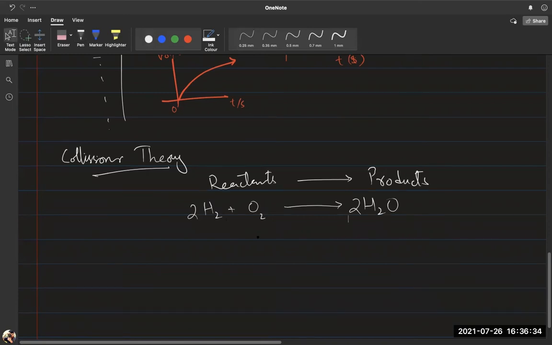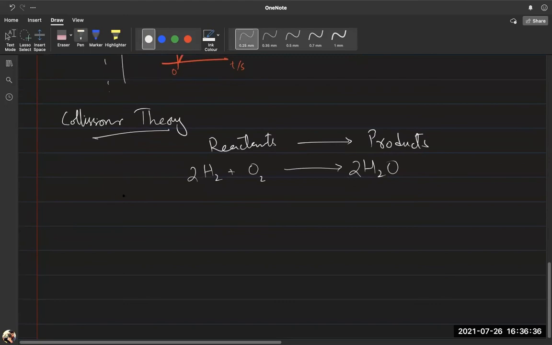First of all, not all of the collisions are going to make water. The only collisions that will make water are the collisions between these reactants. Oxygen particles, if they keep on colliding with other oxygen, it won't help. Hydrogen colliding with hydrogen won't help. It is only when hydrogen collides with oxygen that it reacts.